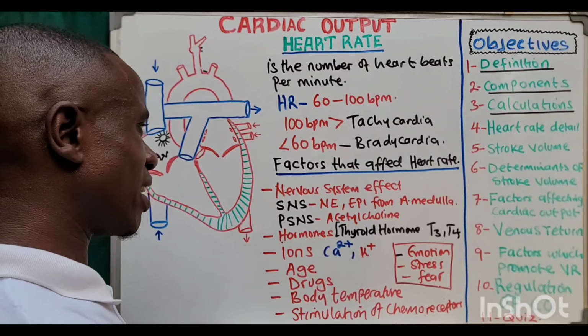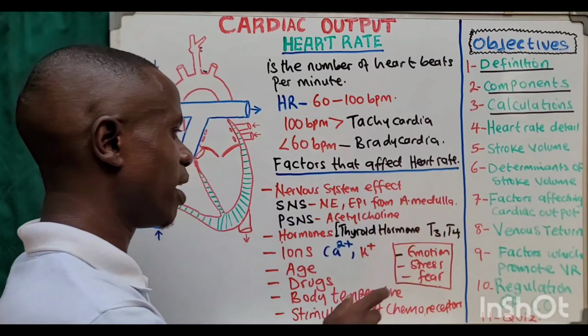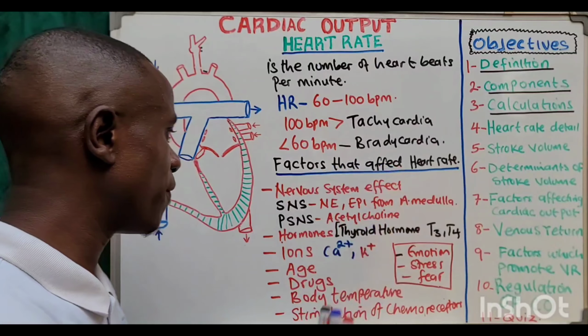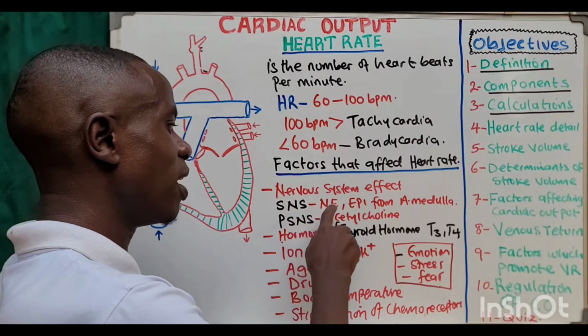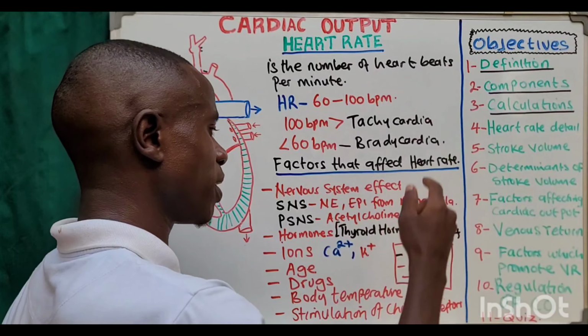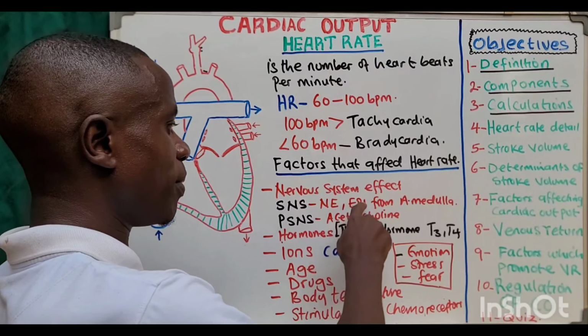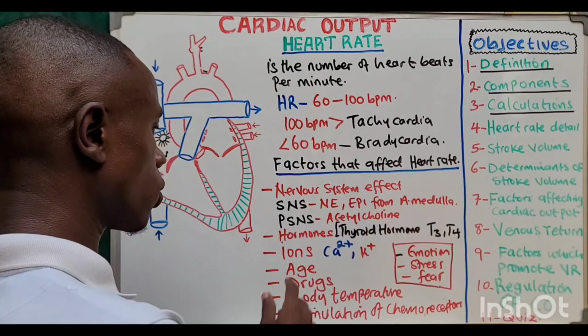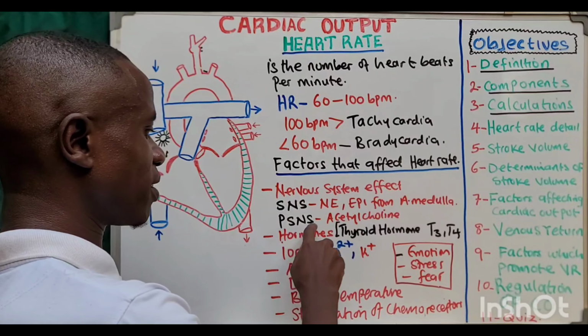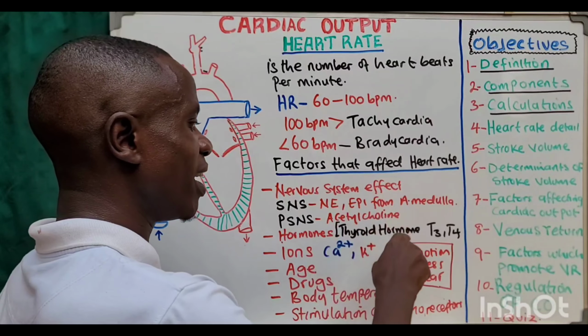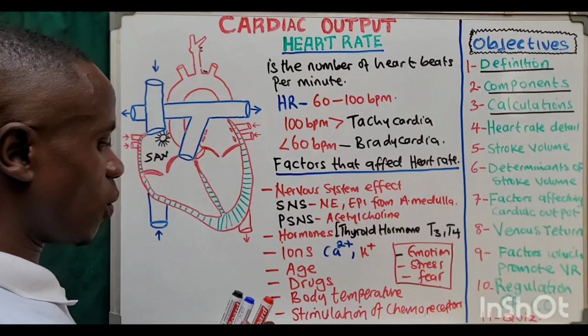We looked ahead and said that we have factors that can affect the heart rate. We looked at the nervous system effect. The sympathetic nervous system has a positive chronotropic effect by release of norepinephrine and also epinephrine from the adrenal medulla. We also looked at the parasympathetic nervous system, through the release of acetylcholine, which reduces heart rate.